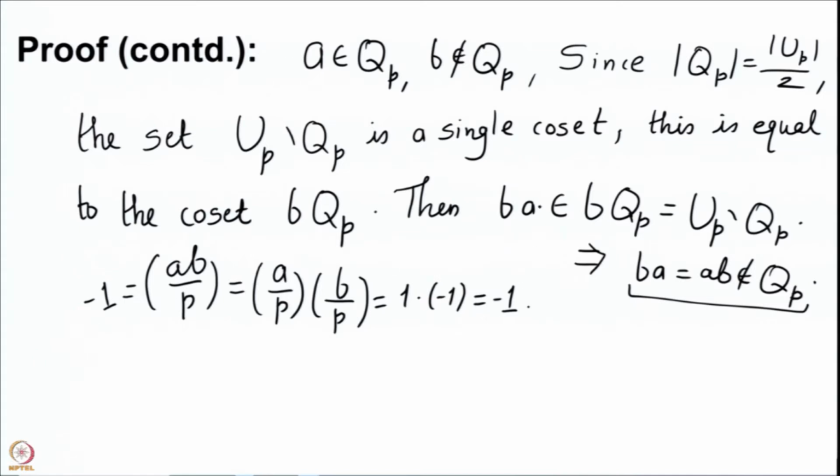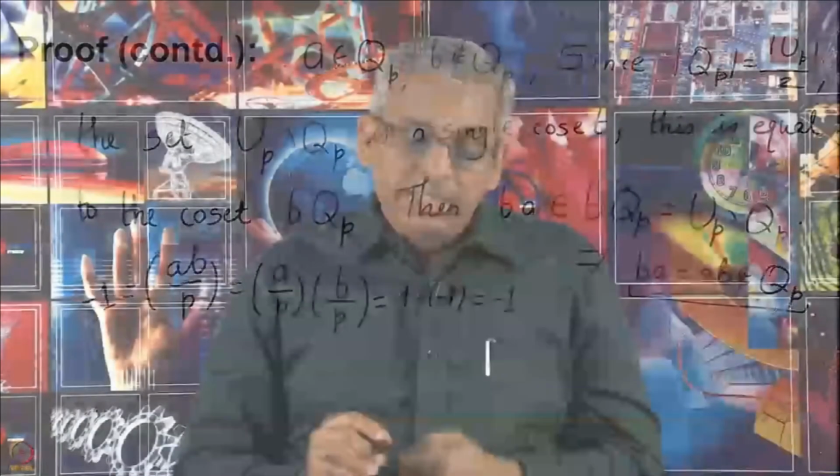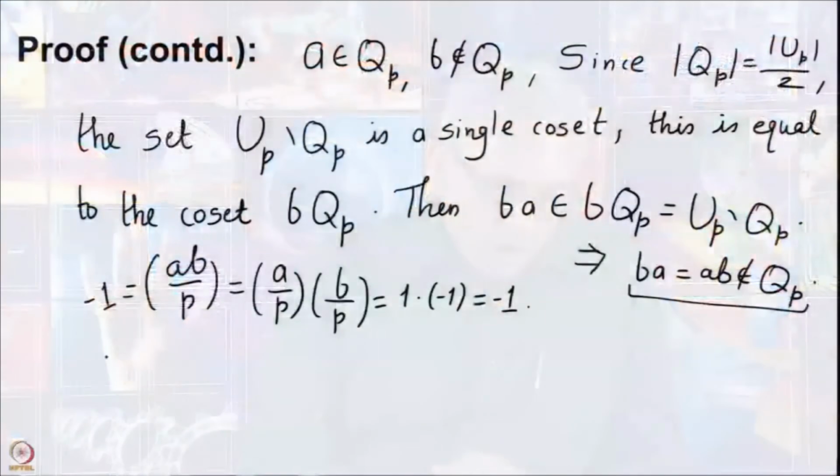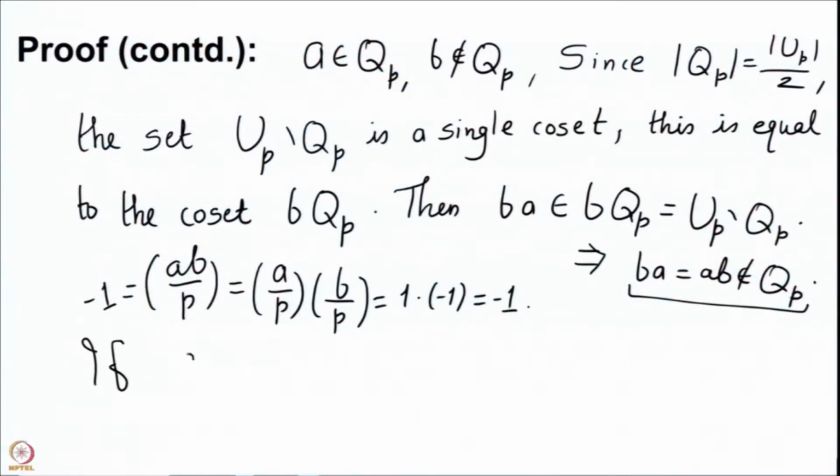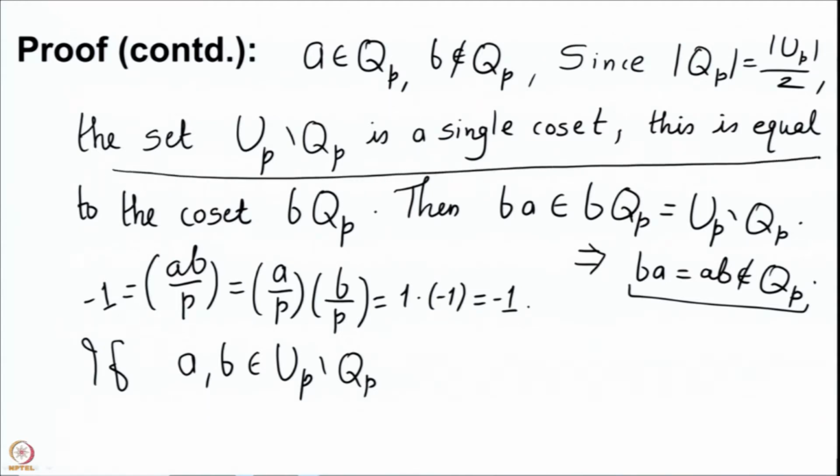and now we have to deal with the final case where we will take both A and B not in QP. If A is not in QP and B is not in QP, then by our earlier observation, we have that UP minus QP is a single coset.